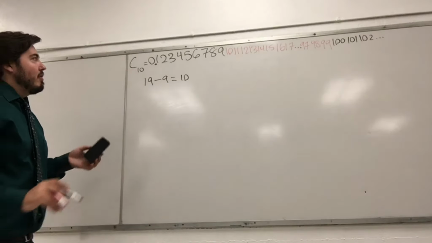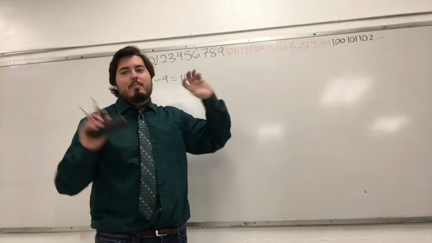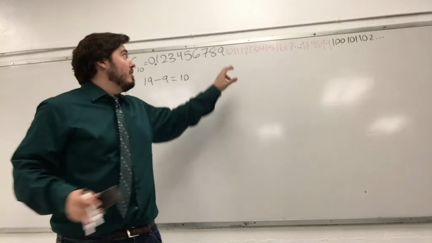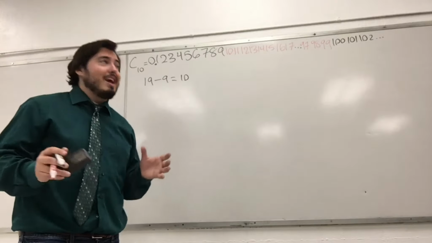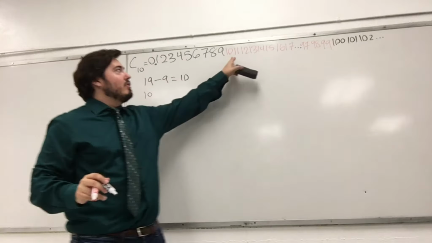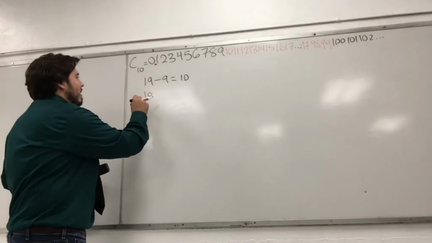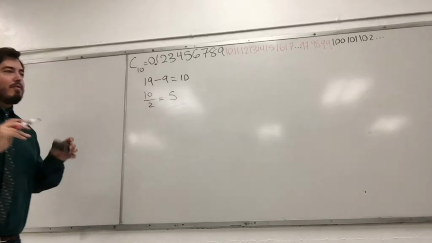Okay, so then what do I want to do? I want to figure out what is the actual number itself, being 10, 11, 12, 13, 14, in which my digit is contained. So how do I do that? Well, I know that I'm dealing with 2-digit numbers. So if I divide the number of digits by 2, I end up with 5.